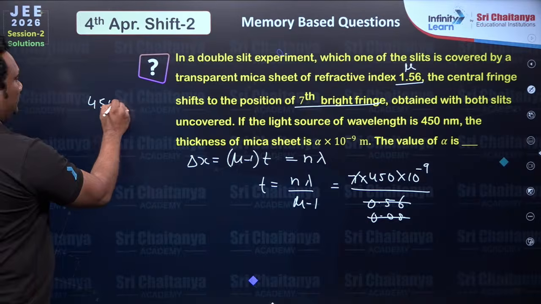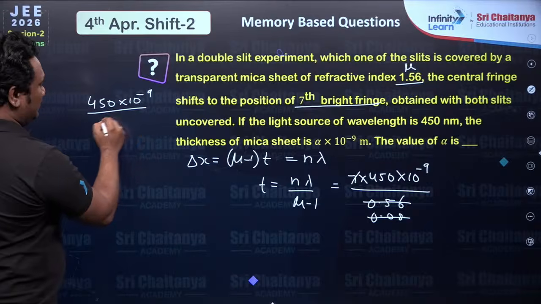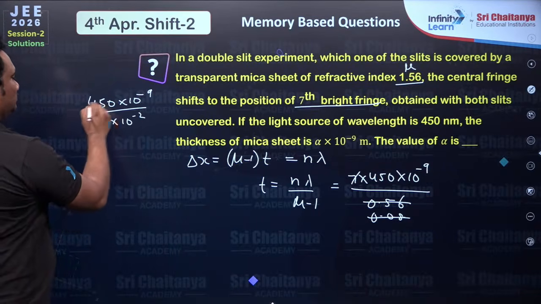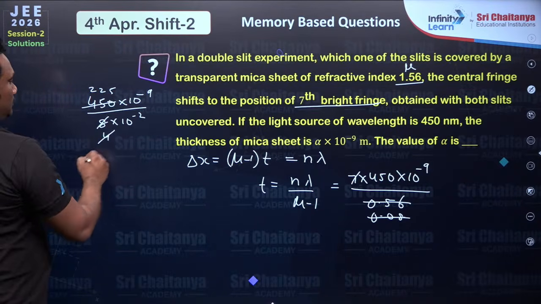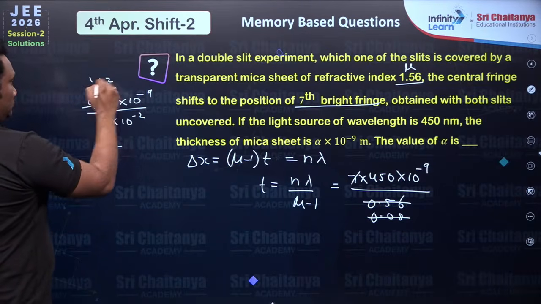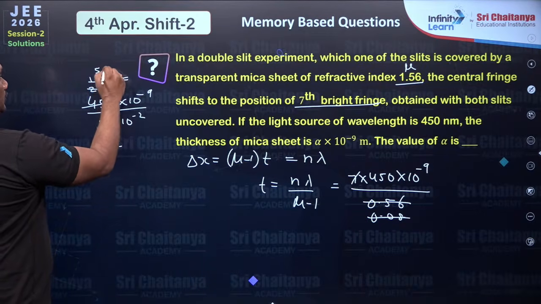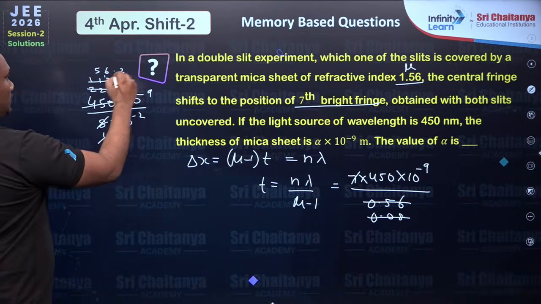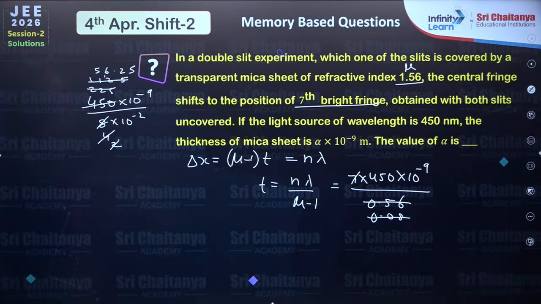So 450 into 10 power minus 9, and this is 8 into 10 power minus 2. Let me calculate: 2 4s are 8, 5s are 10, 2 6s are 12, 2 2s are 4, 2 5s are 10.